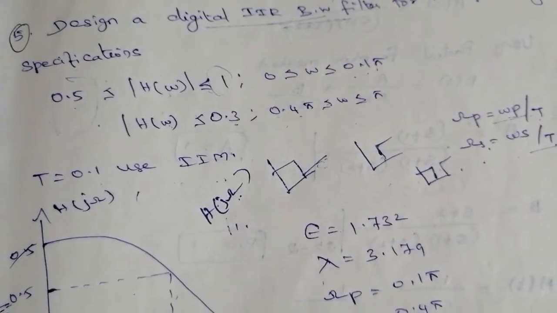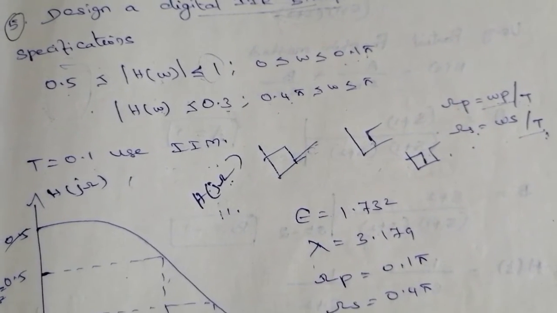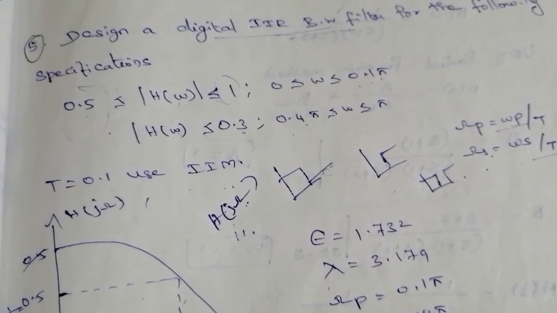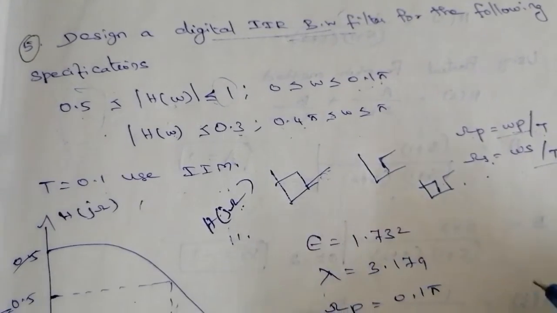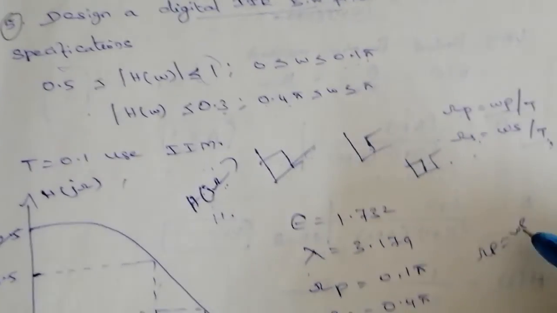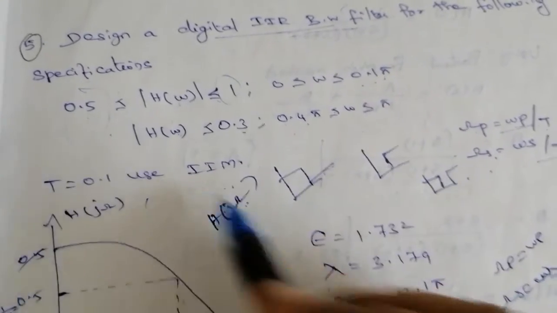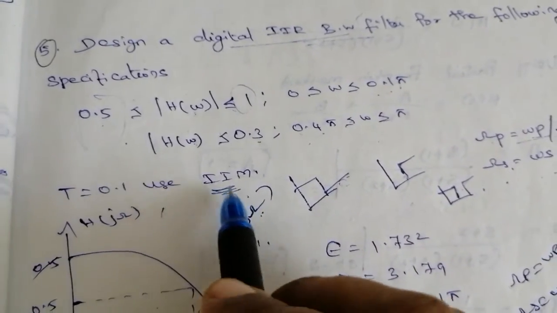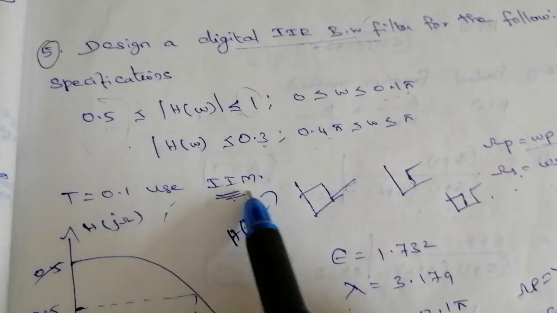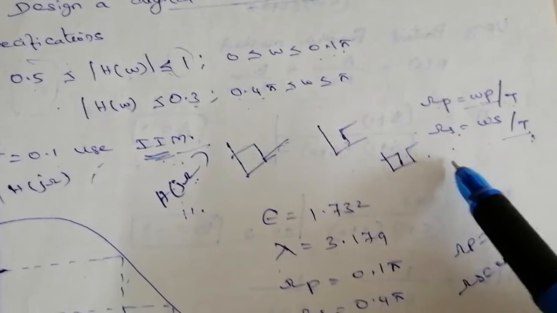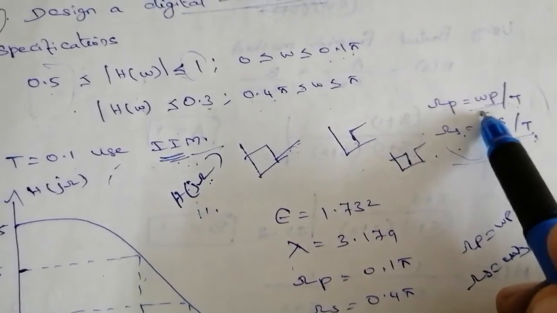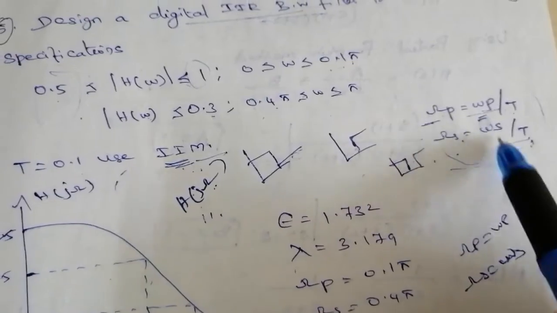So if it is IIM, we have to use sigma p equal to omega p, sigma s equal to omega s. If the same problem is solved using the bilinear method, we have to use this formula for the conversion of omega to sigma. Is it clear?